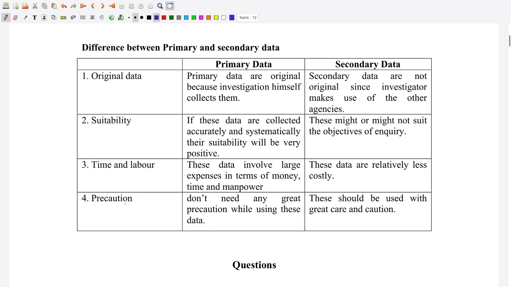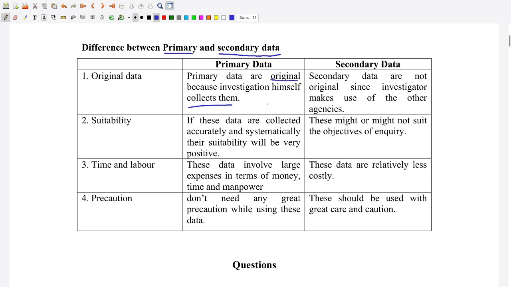So you should note the difference between primary data and secondary data. In primary data, the data is original. Why? Because you yourself go to that particular person, and you yourself collect that data. So it is original data. It should not be false data. Why?